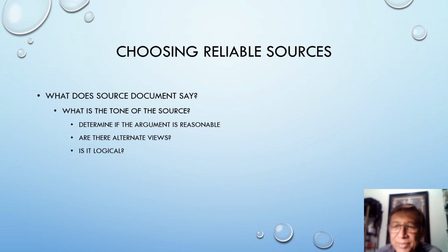Opinion is fine if they can back up a lot of their opinion with some good, valid research. Are there different views in the source document? Because some writers will put different views. Is it a logical sequence of ideas? Is it well written? These are the kinds of things you need to look for.